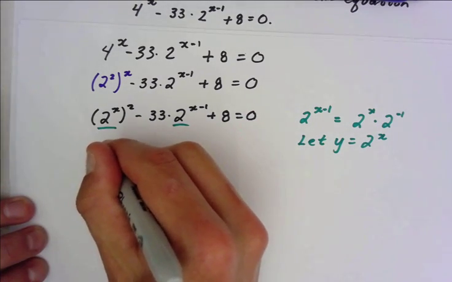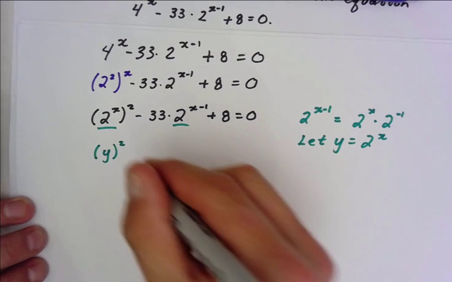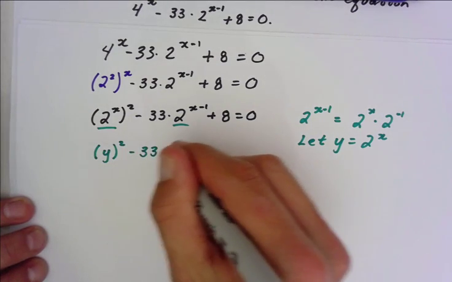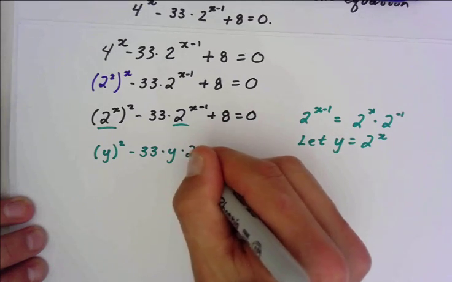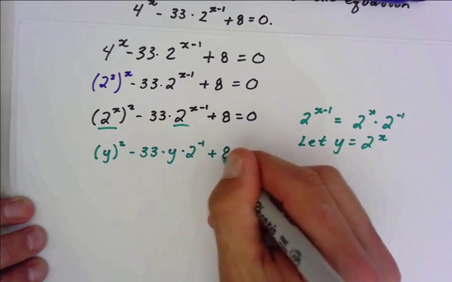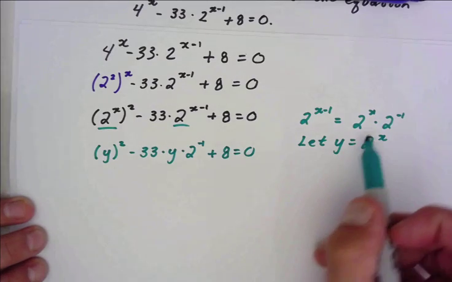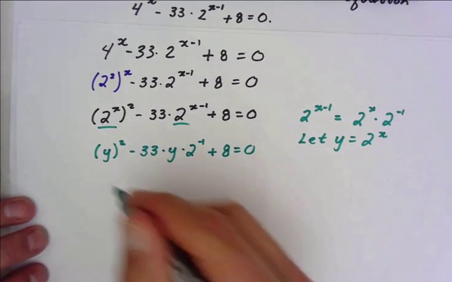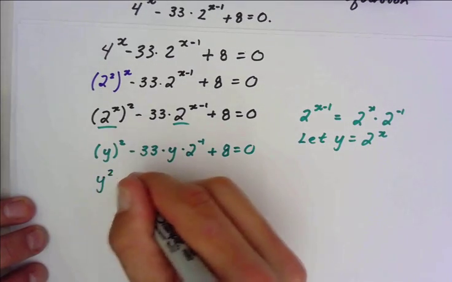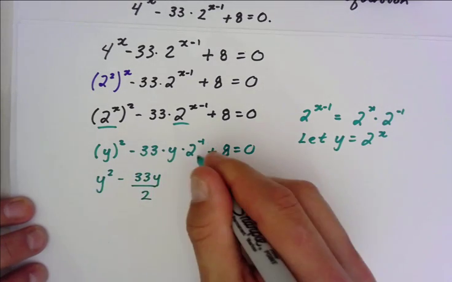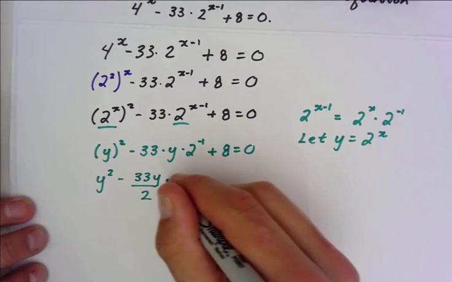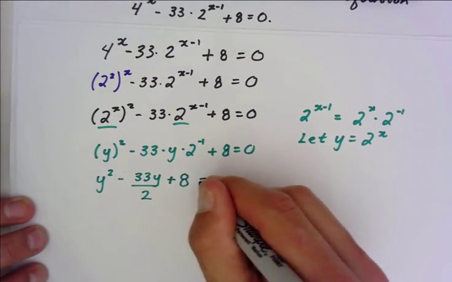So we have y squared minus 33 times y times 2 to the negative 1 plus 8 equals 0. That 2 to the minus 1 comes from the fact right here. So I'll continue: y squared minus 33y all over 2, because that's what 2 to the negative 1 is, plus 8 equals 0.